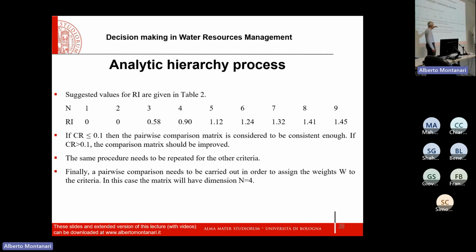The table goes up to a dimension of 9. And then, if the ratio CR is less than 0.1, then we can consider the matrix consistent. If it is 0, it's fully consistent. If the consistency index is larger than 0, then you have some loss of consistency, but if the consistency ratio is less than 0.1, you can take it as consistent, okay?